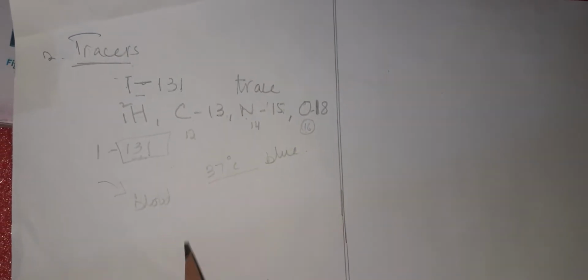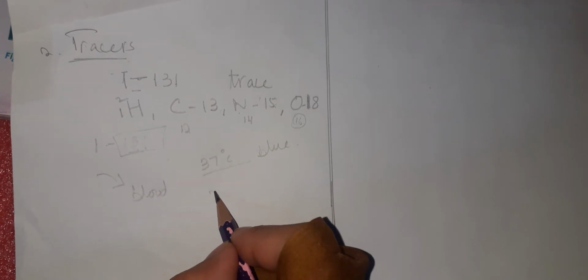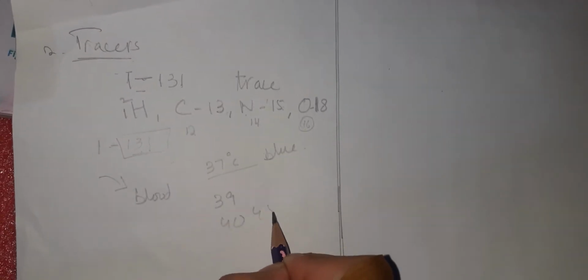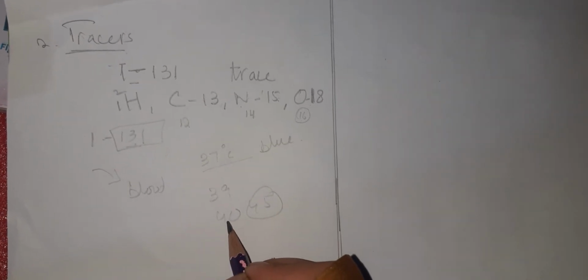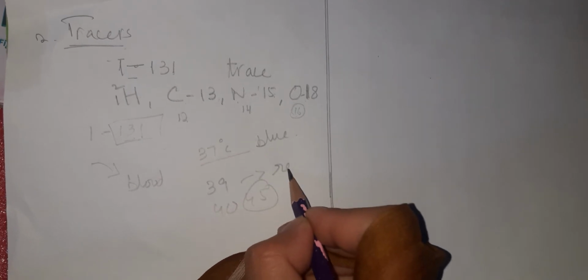The area which has a higher temperature, 39 or 40 or 45, means it has some infection, so it will change its color from blue to red. That is why we say that they are used as tracer elements as well.